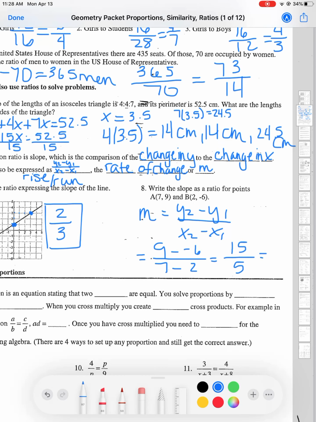So this is 15 over 5, which is 3 over 1. So, since it asks for a ratio, we would technically write 3 to 1. Okay, but we know that this fraction is just 3.